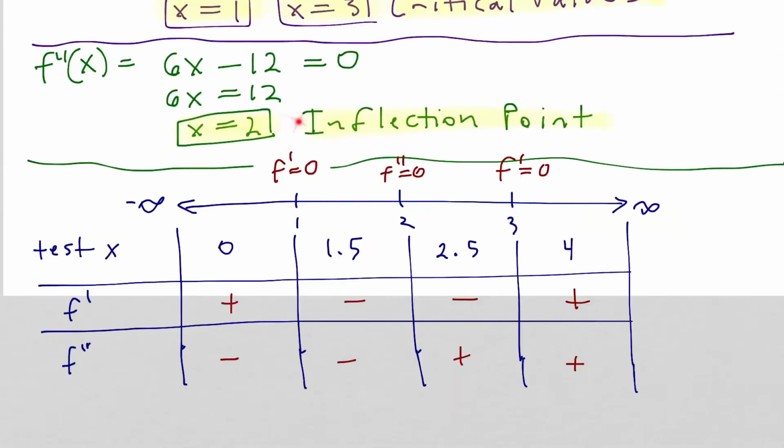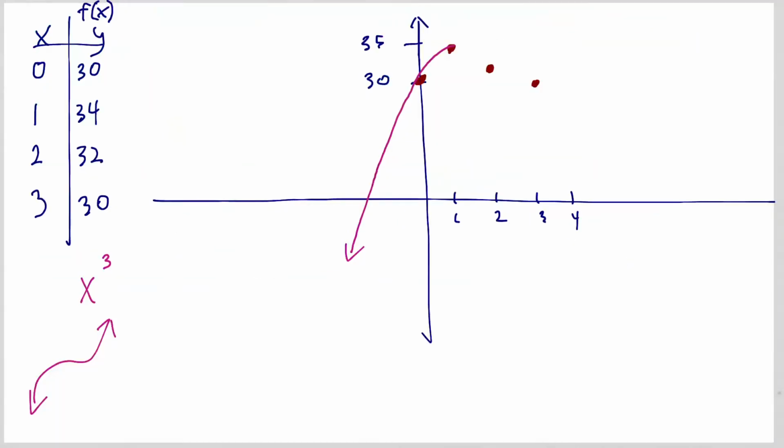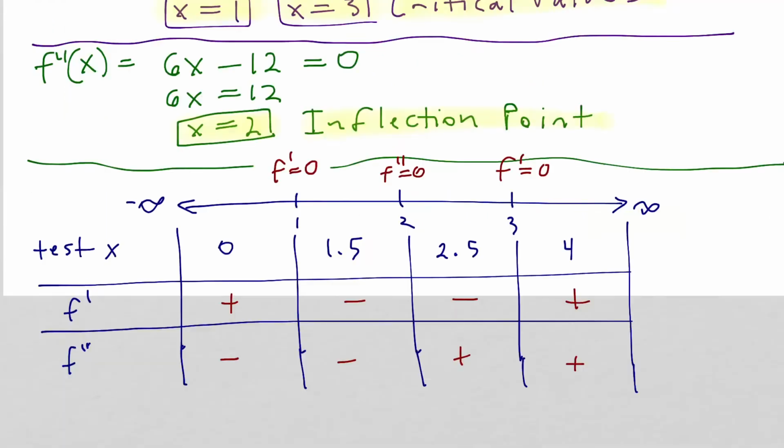Next, in my interval between 1 and 2, I'm negative slope, downhill, and concave downward. So that would mean negative slope, concave downward. That gives me my shape. Now, between 2 and 3, I'm switching concavity. I've got an inflection point.